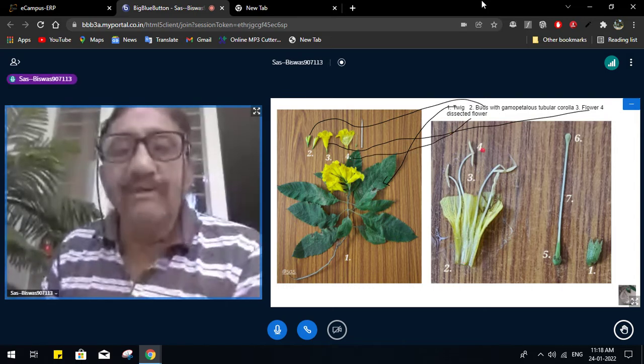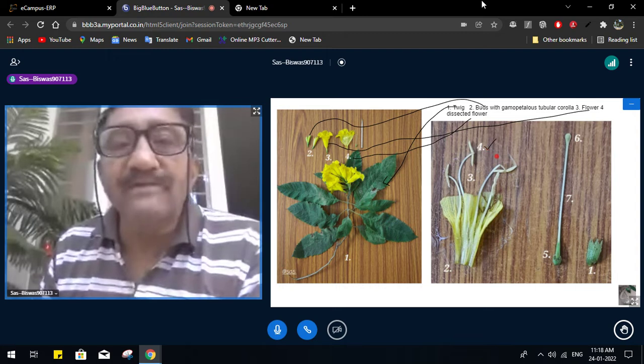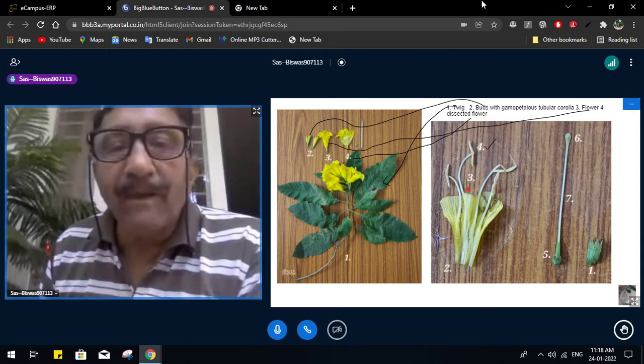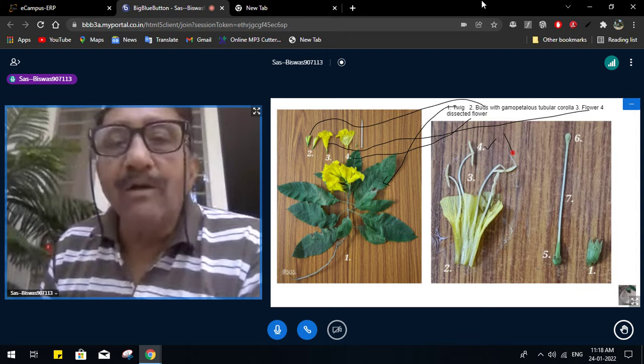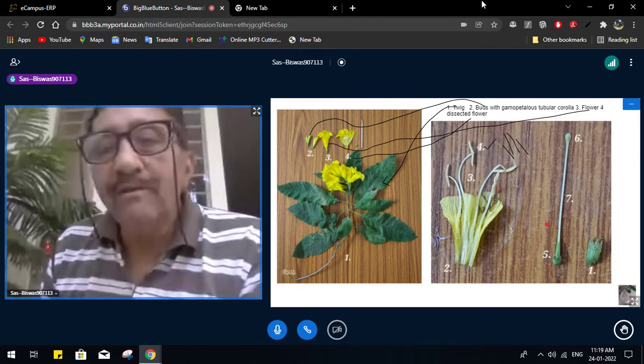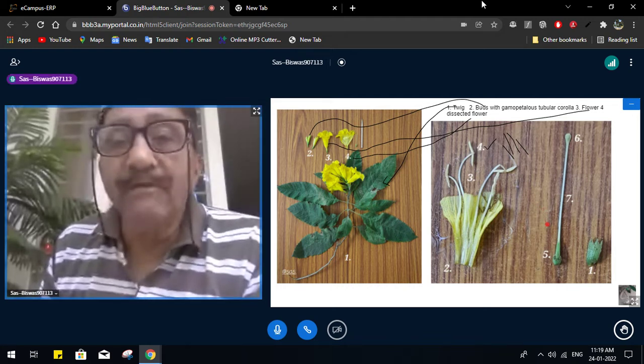So here you find the stamen. Look at the stamen, how it appears: there are two long and two small. What is it called? Didynamous.